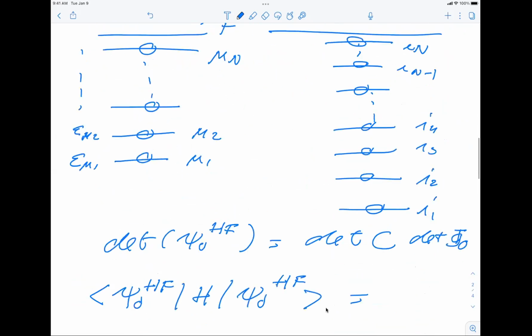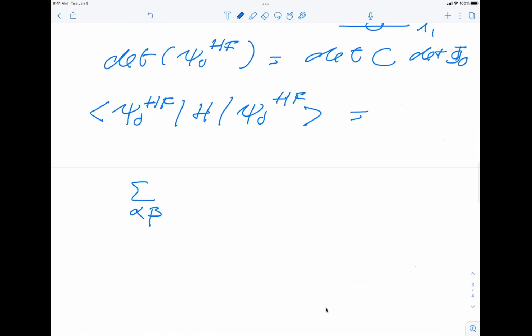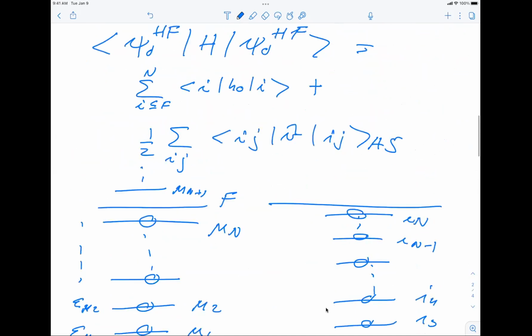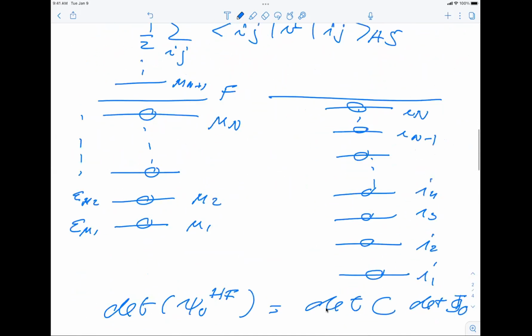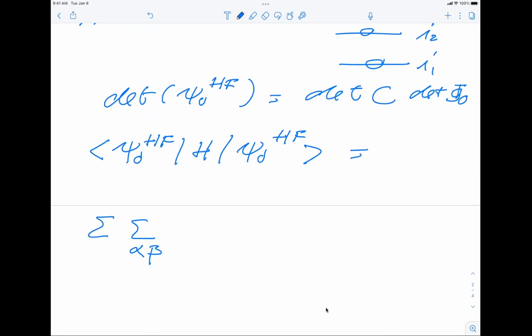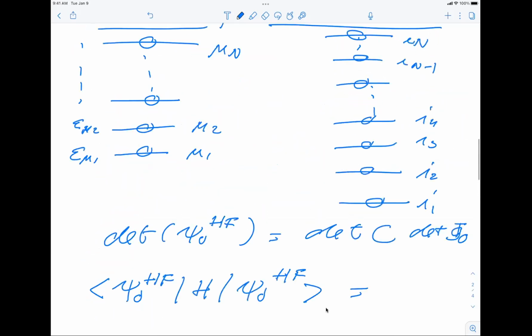So if you now look at the expressions which we had, there is a sum over i here. These are states below the Fermi level. And that goes over the n single particle states. So that runs over all the states which we have here.